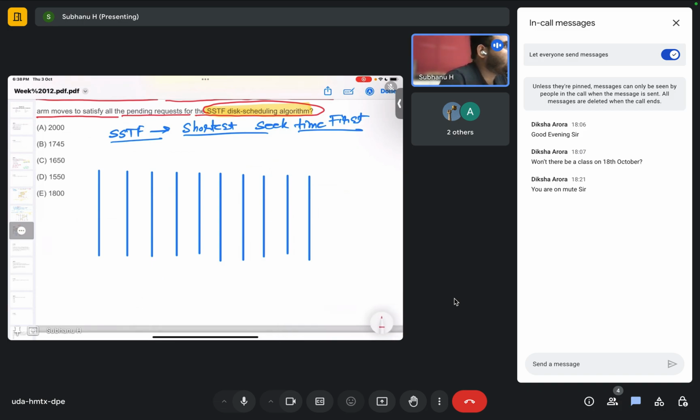I'll write this in order, starting from the smallest one, which I can see is 86.